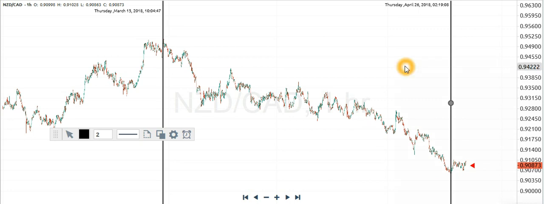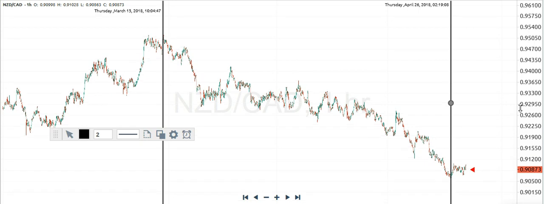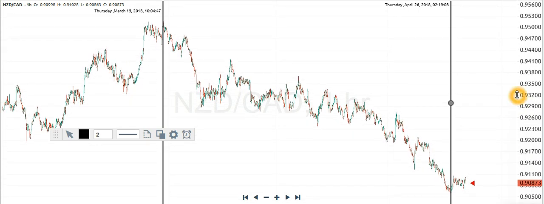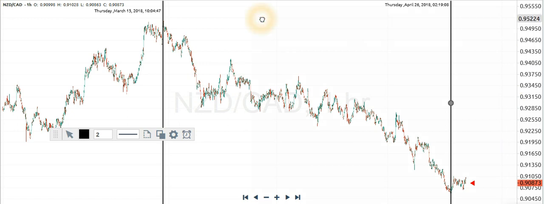Having identified the highest point and the lowest point, I now want to begin to draw my trend line. Okay, my downward trend line. That's what I want to be focusing on now. Okay, so let me clear the screen.